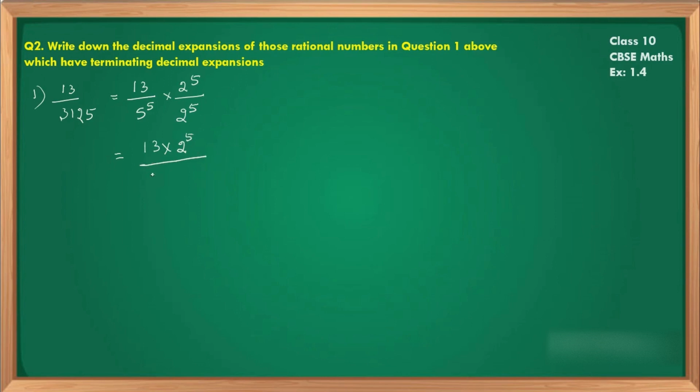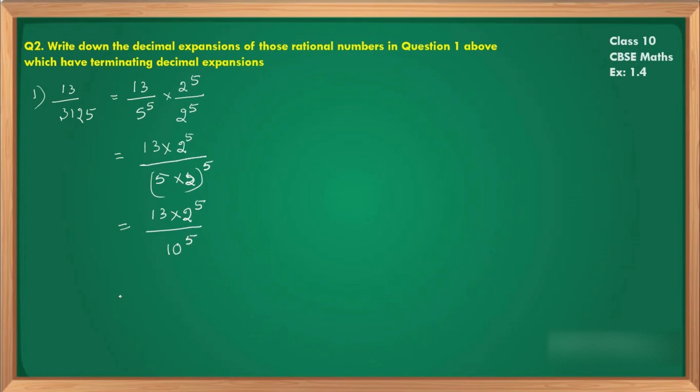The next step is 13 into 2 to the power 5 divided by 5 to the power 5 into 2 to the power 5. In the denominator, you have 5 to the power 5 and 2 to the power 5, so you take 5 and 2 together, which gives you 10, and then put the power on the top: 10 to the power 5.